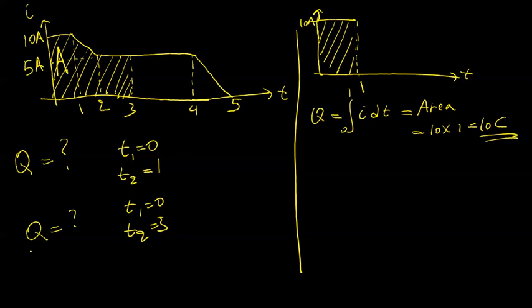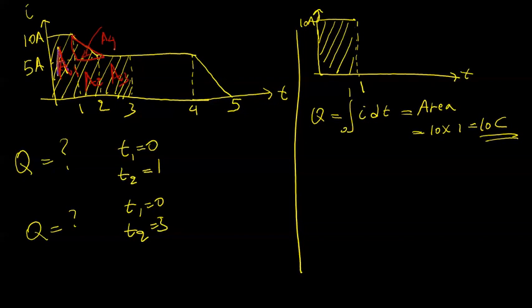Let me use a different color. So this is the first area, A1. This is the second area, A2. This is the third area, A3. And the fourth area is this one, A4.